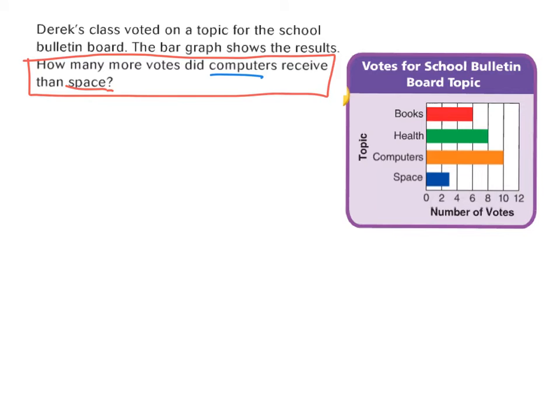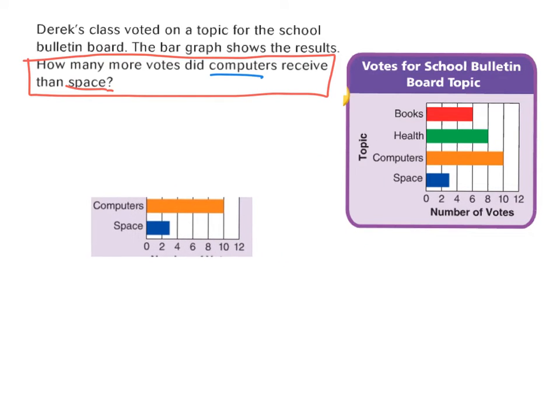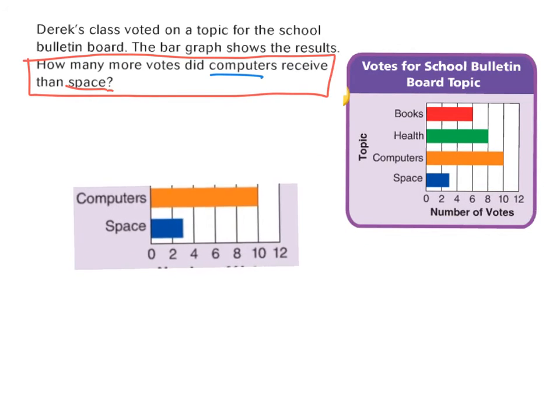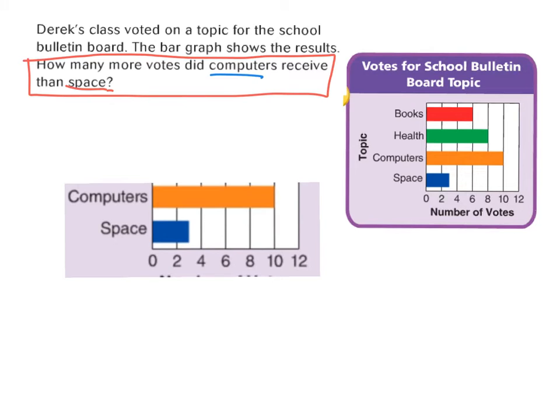So let's look at that. Looking at the bar for computers, we can see that 10 people voted for computers. For space, we can see that only 3 students voted for space.